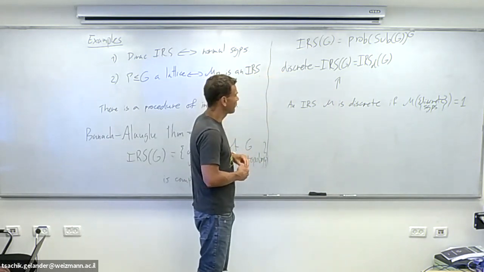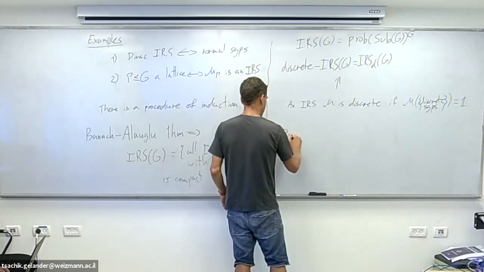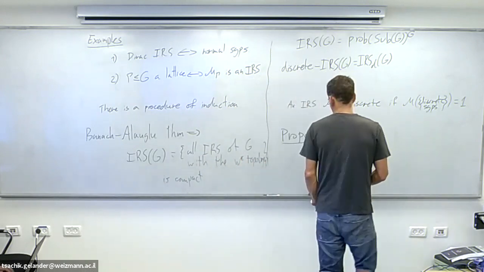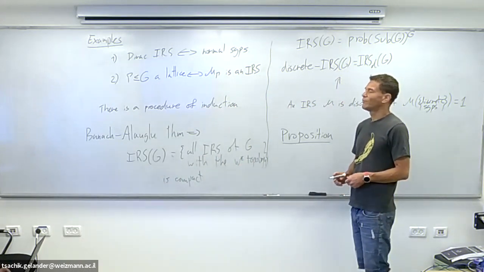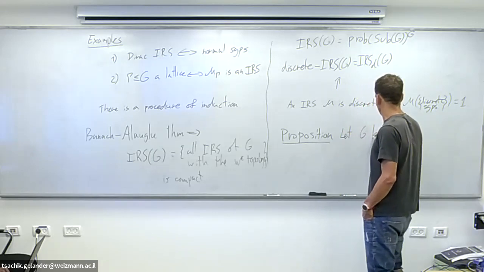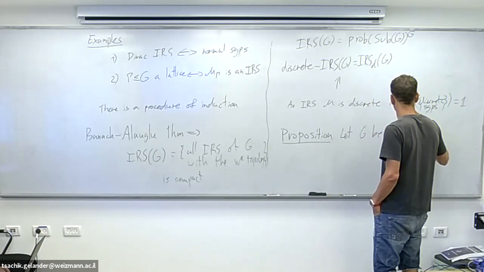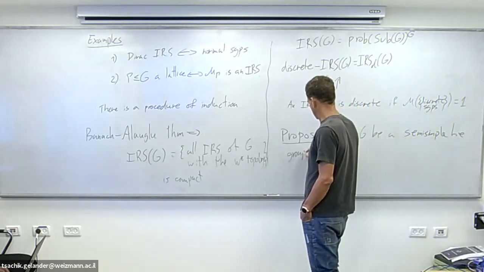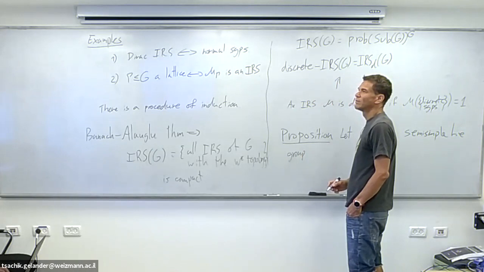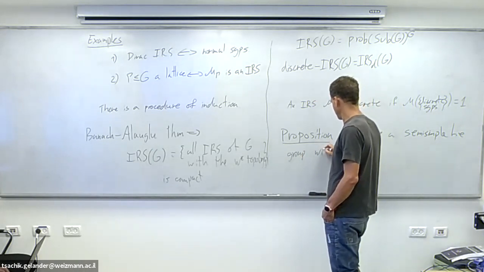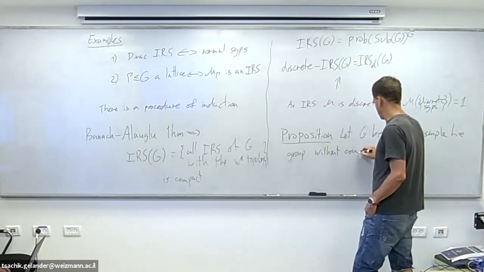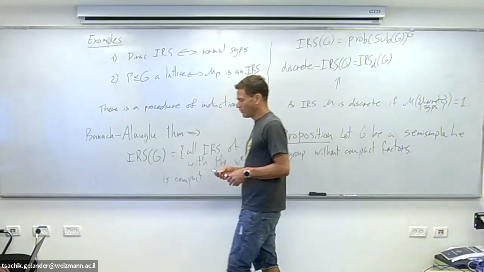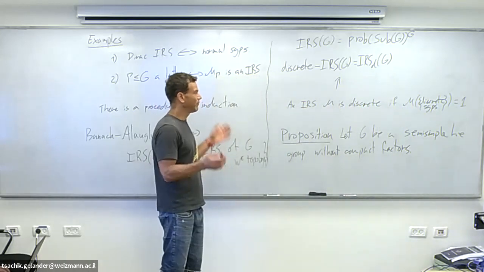And I want to prove the following proposition. Let G be, let's say, a semisimple Lie group without compact factors. Actually, let's not be most general, so we can just consider a simple Lie group which is not compact.